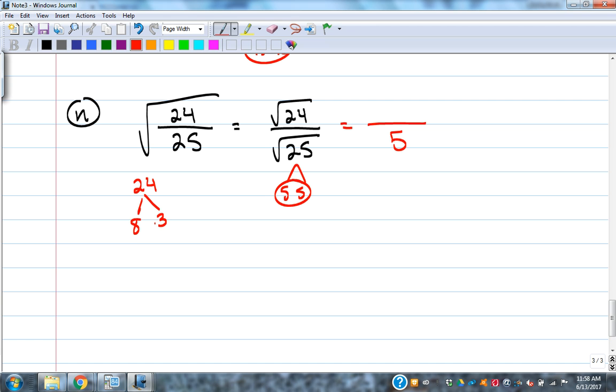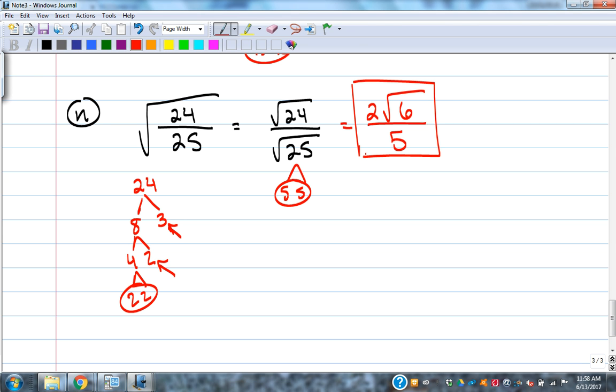I'm going to use 8 and 3, 4 and 2, 2 and 2. So there's a pair of 2s. That's 2. And then there's 2 and 3 left over, which is 6. So it's 2 radical 6 over 5, and we've simplified that fraction. So split it apart, simplify each of the numerator and the denominator separately, and that will be your simplifying of square roots in fraction style.